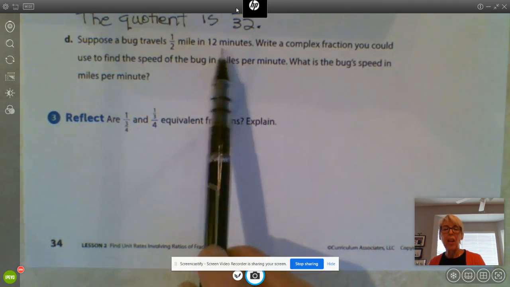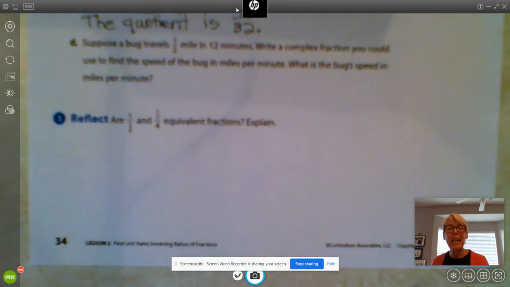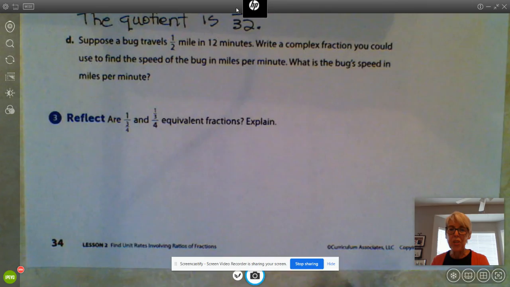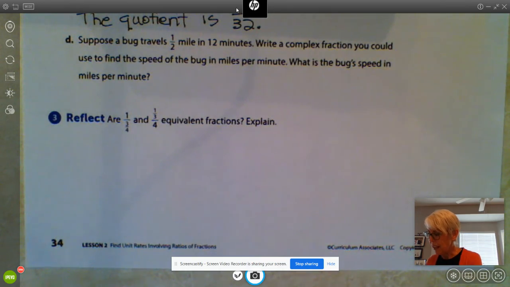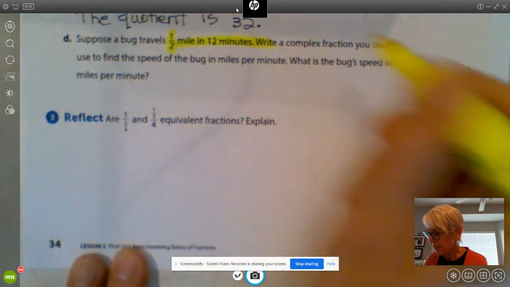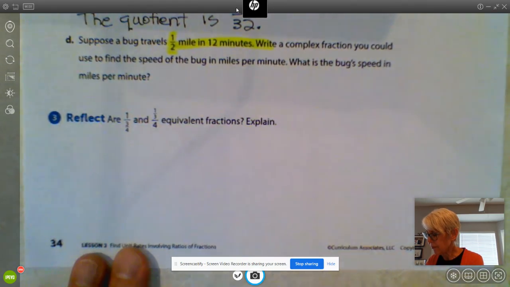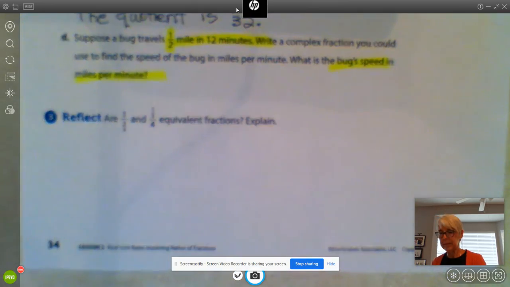The first quantity, the first amount, is always the numerator. So what's the bug's speed in miles per minute? So let's highlight what's important. Want the bug speed in miles per minute.